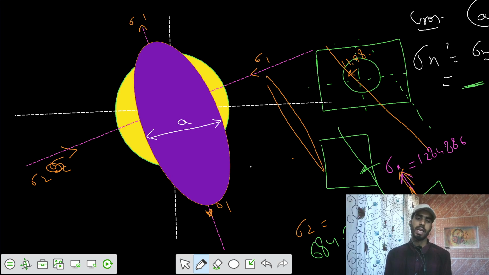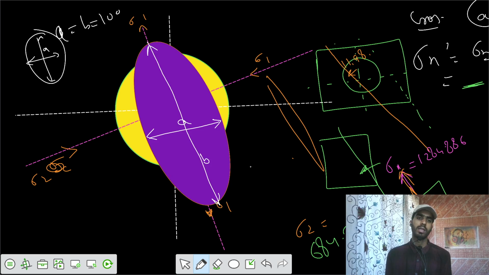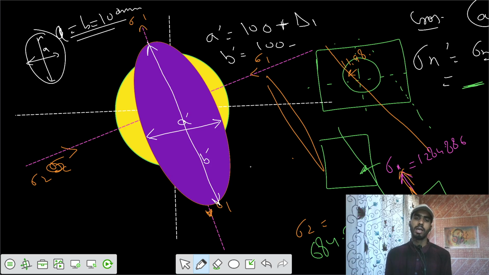Let's name it as A, and this is our B. Initially for the circle we have A equals B equals 100 mm. Now there is some value of A dash and B dash. So A dash would be 100 plus it has elongated by some length delta 1. Similarly B dash would be 100 and it has shortened by some amount delta 2.